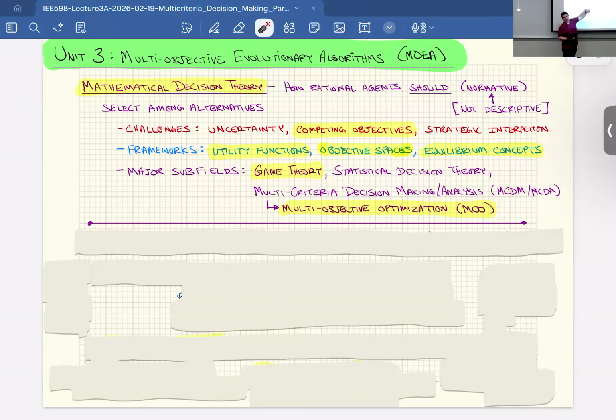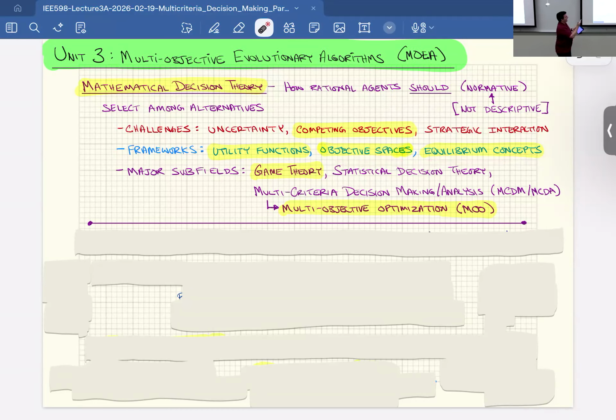That's an important part of this that we're not going to be talking about, but I just want to mention it is there. Competing objectives will be a major focus, and strategic interaction. We're not going to focus on how agents could work together to form collaborations, but that is something that fits within this theory.